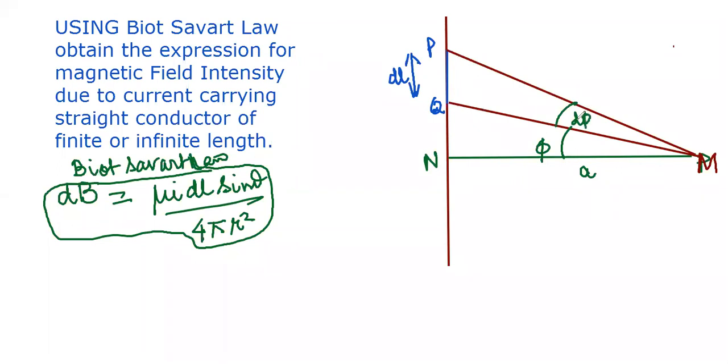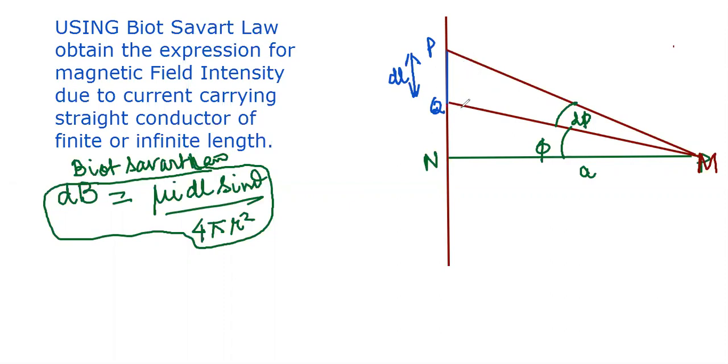As we are gradually moving from Q to P by a distance of dl, the angle is also being increased by d phi. Now according to the Biot-Savart law, dB is equal to mu I dl sine theta. Let this angle be theta.